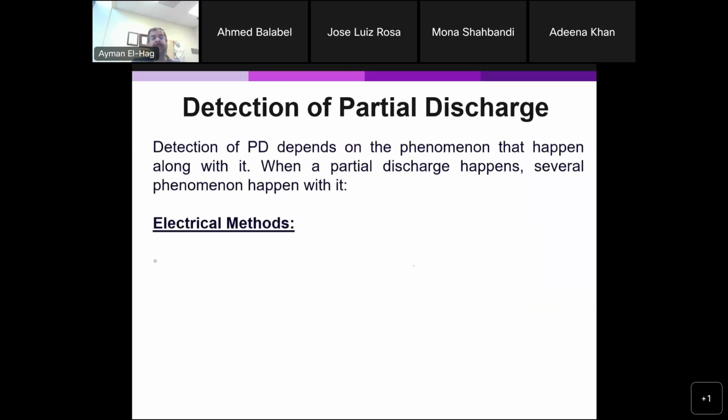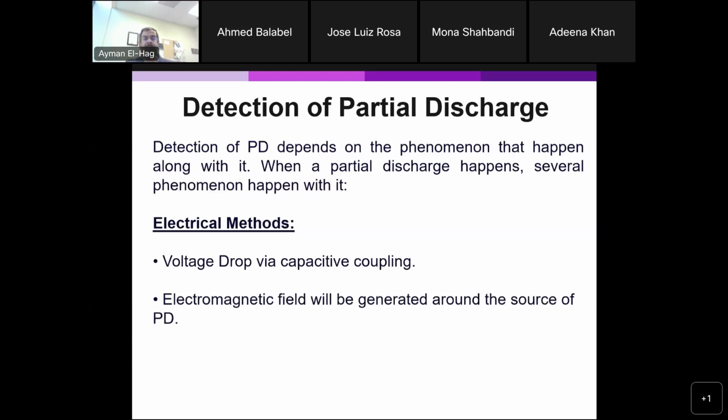How to measure the partial discharge? There are different methods. One is through capacitive coupling. We measure a voltage drop. Because whenever a partial discharge happens, an electromagnetic field is produced. So if we have an antenna, then you can detect that partial discharge.